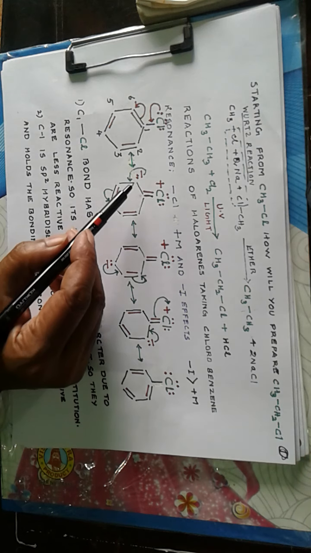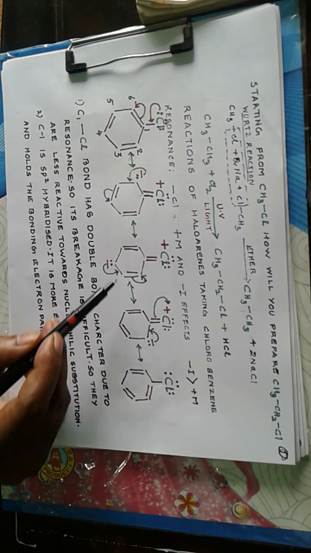So the major product will be the para substituted product, mainly for two reasons: the inductive effect dies away at the para position, and then a slight steric effect in the transition state for ortho substitution. Now, in chlorobenzene, we have seen that the ortho and para positions are electron dense or electron rich.